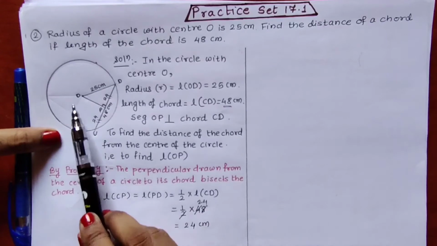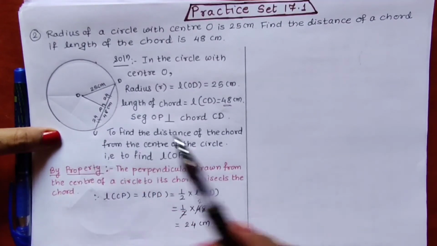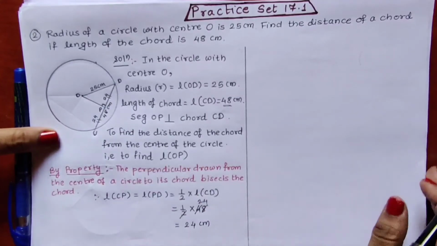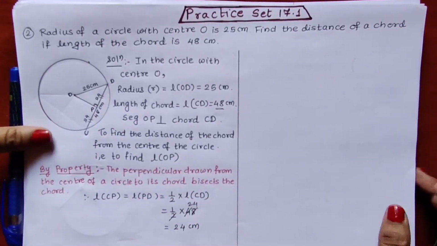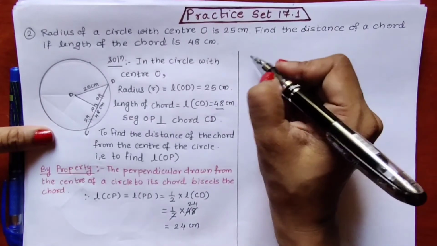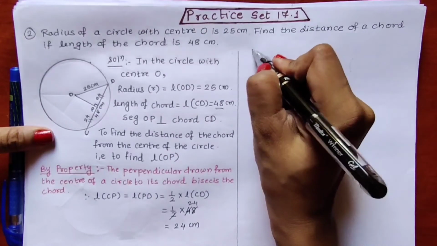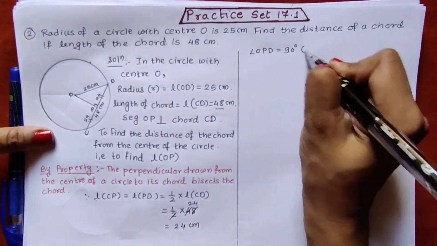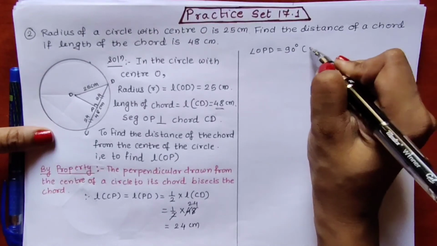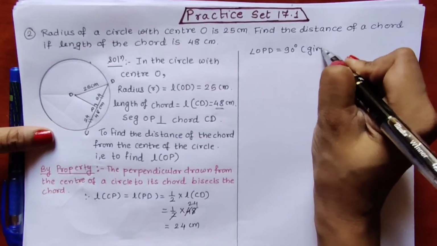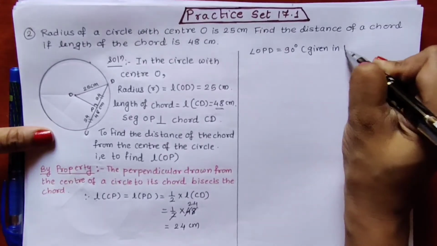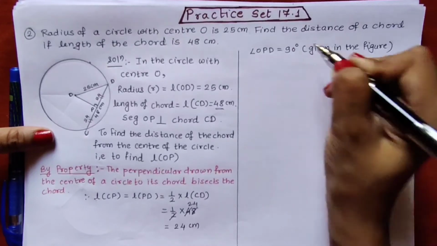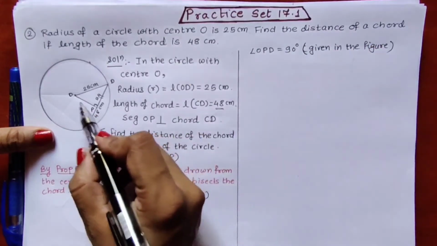Now here, OP is perpendicular to CD. That means this angle OPD is 90 degree. So we will write here: angle OPD is equal to 90 degree, given in the figure alongside. So this angle OPD is 90 degree.